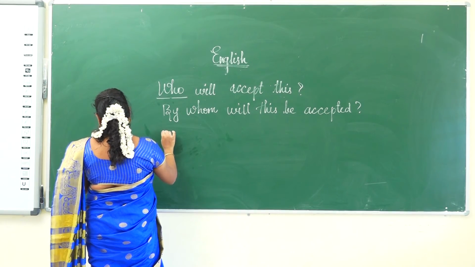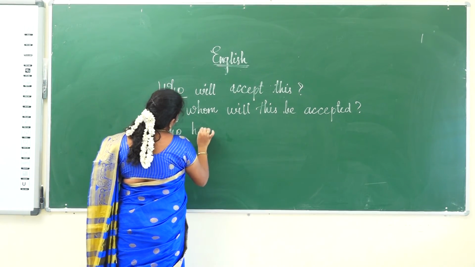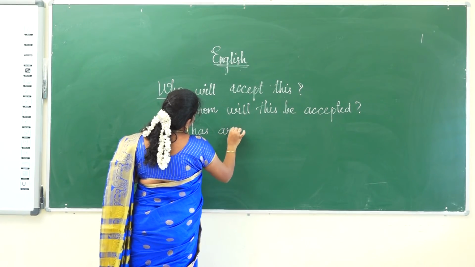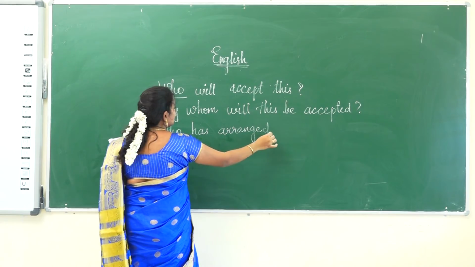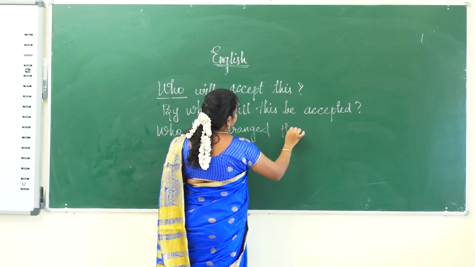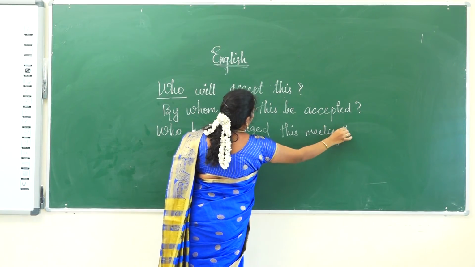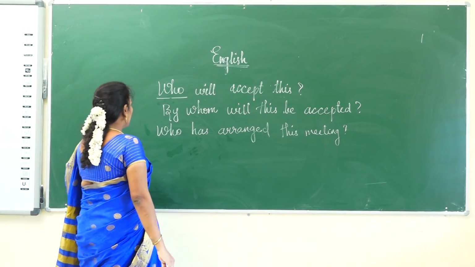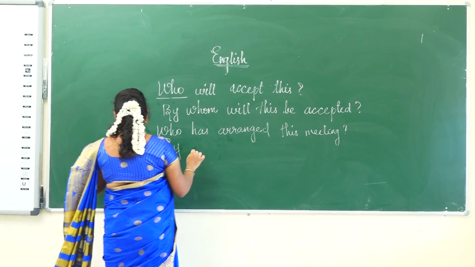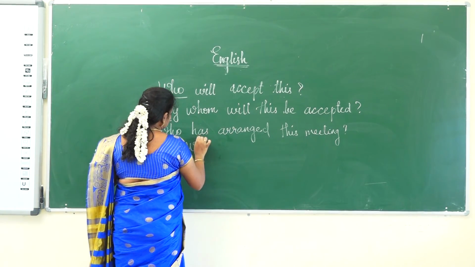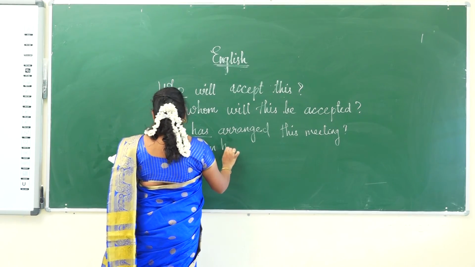Who has arranged this meeting? So, how will we write? How will you convert this? Who will convert into by whom. By whom? Then we have to write the auxiliary as it is, has.